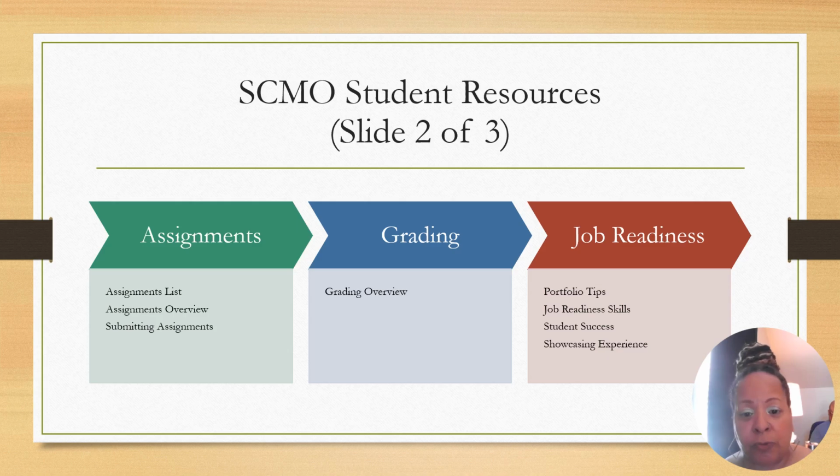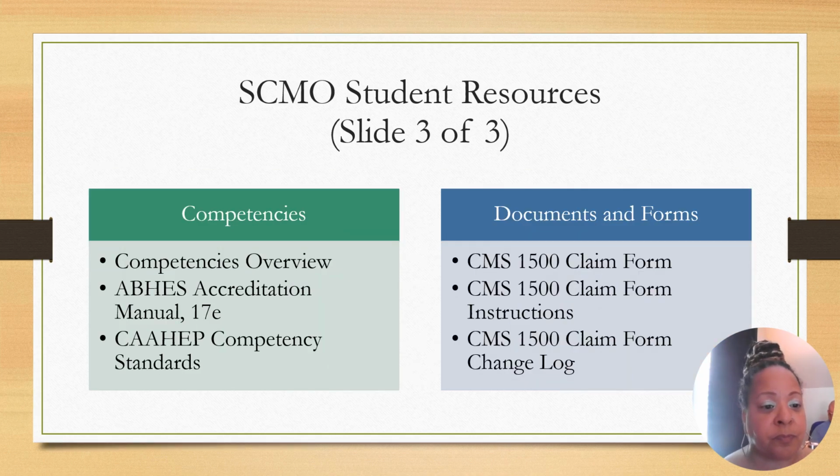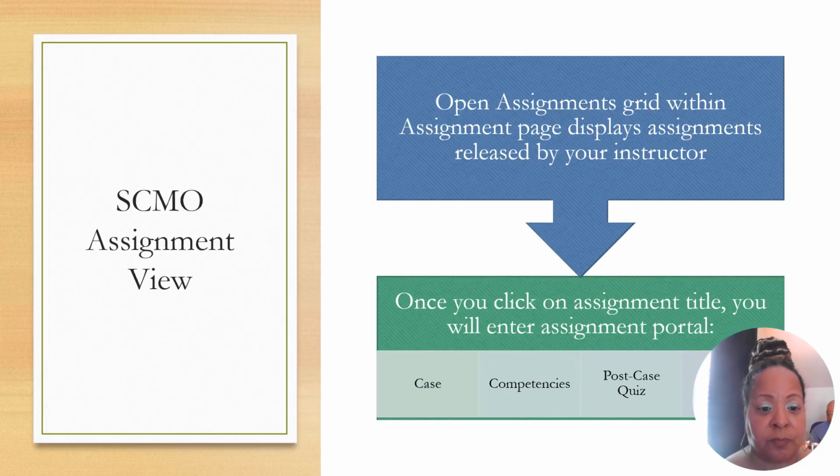You have your grading overview, your job readiness, which is your portfolio tips, your job readiness skills, student success, and showcasing experience. Competencies: you have competencies overview from the CAAHEP, which is our accrediting manual, and the competency standards. Your documents and forms are your CMS 1500 claim form, your CMS 1500 claim form instructions, and your CMS 1500 claim form change log.